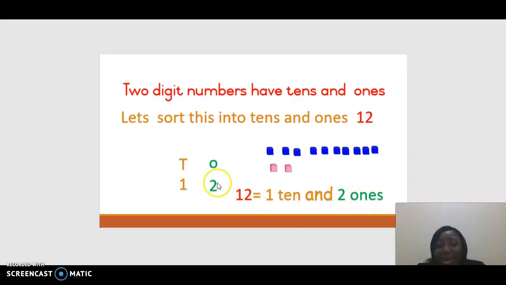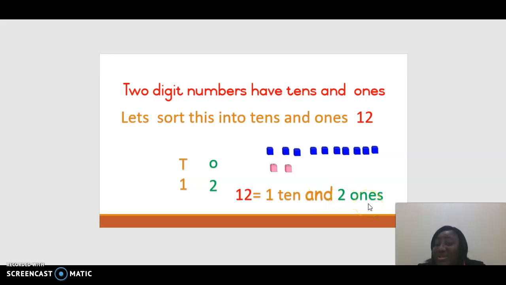Remember, my number 2 represents the number of ones I have. So number 12 has got 1 group of 10, 2 groups of ones, which is the same as 1 ten and 2 ones.